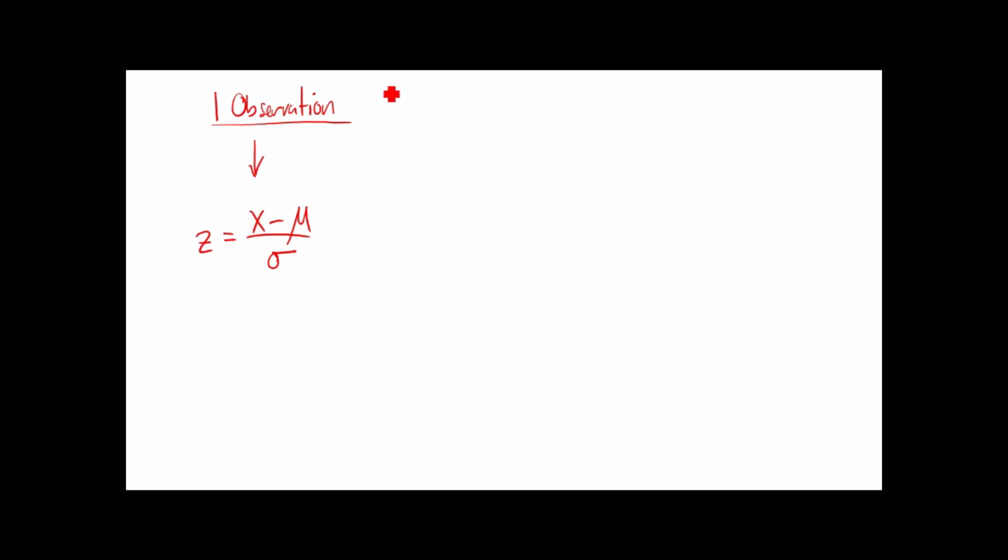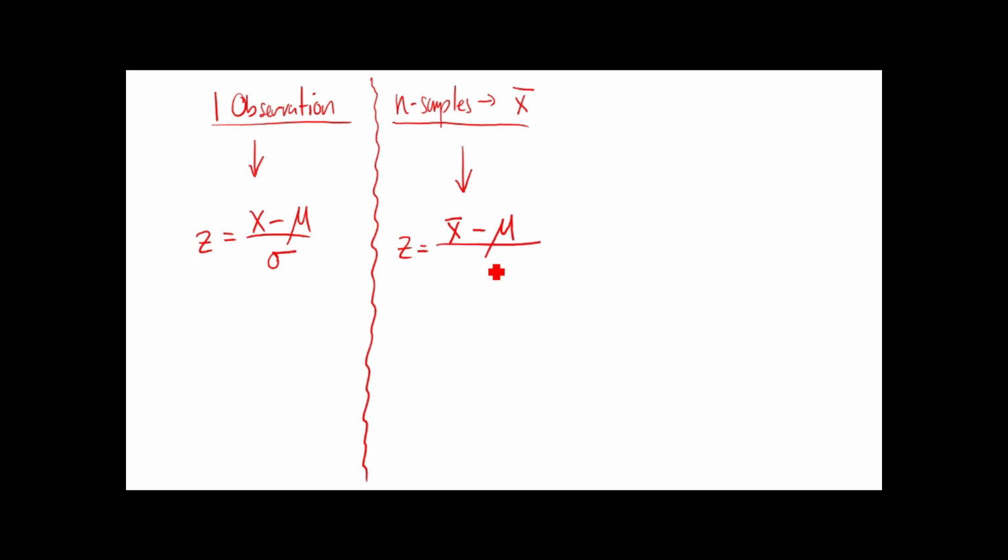Now, if you take n samples and calculate a sample mean, then your z-score is going to be your sample mean minus the true mean, and your new standard deviation is going to be sigma over root n. So you have to ask yourself, am I picking up one person or am I picking up a lot of people and averaging them?